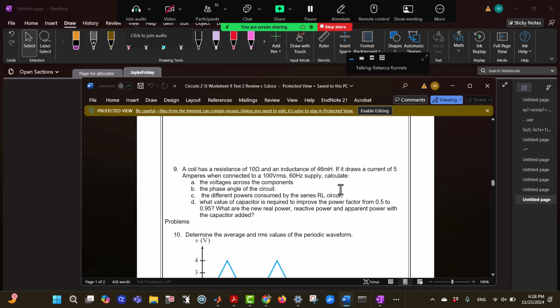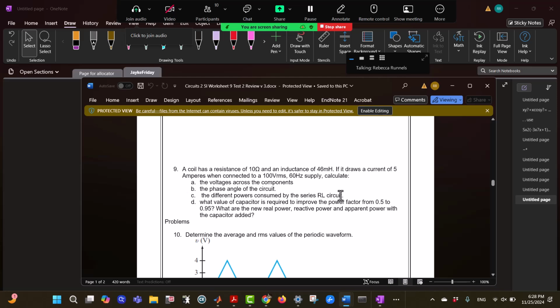And number 9, the voltages across the components are, for the resistor, 50 volts. For the inductor, it's 86.7 volts.